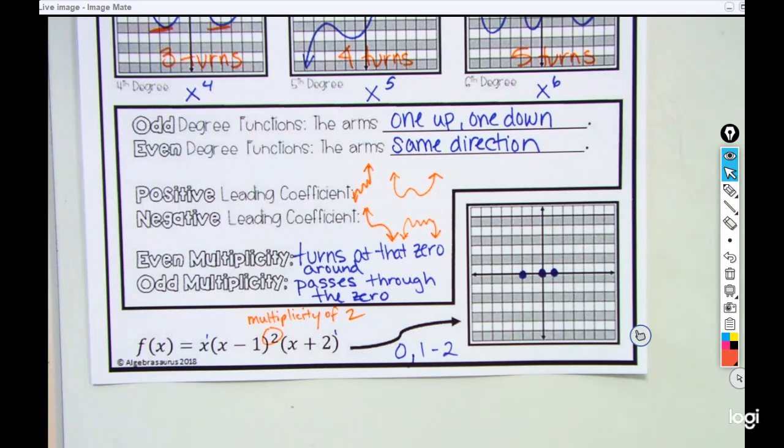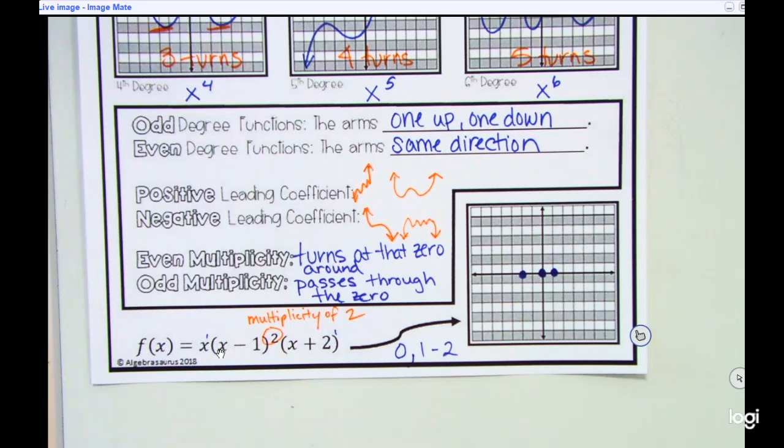Now, the next thing I want to figure out is which way my arms go. Do they both go up? Do they both go down? Is the right one in the air? Is the left one in the air? So I've got to figure out what degree this is. Some of you are going to want to FOIL that out to figure out the degree. You don't have to do that. Save yourself some time and just use some reasoning here.